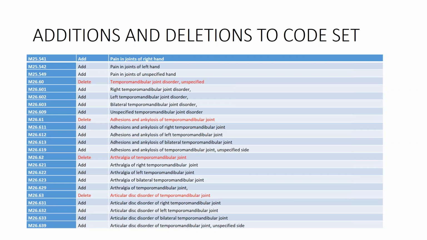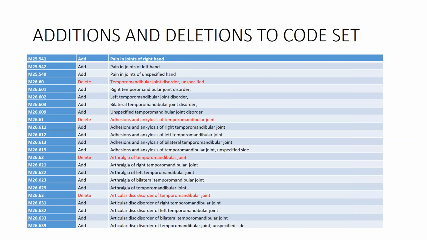We call it the M chapter because all of the codes in this chapter begin with the letter M. These are the most common codes that chiropractors use, such as the M99 codes that we use to illustrate a segmental dysfunction of a joint. The M codes I'm showing you here are the codes that would have the most significance to chiropractors.